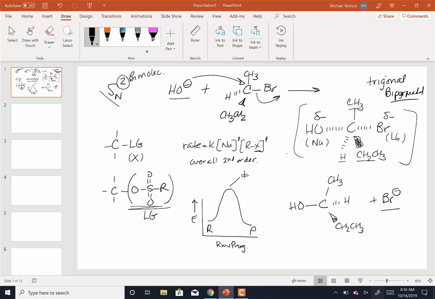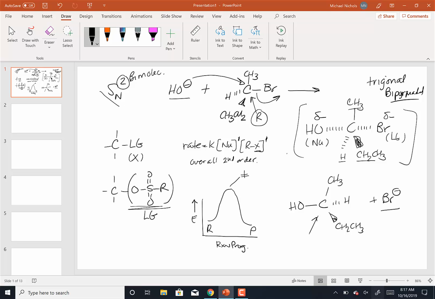So that's the mechanism, including some other stuff. In terms of the mechanism, if I give you a reaction to do and I show the bold and dashed wedges, what's the configuration of that chiral center going to be? R. I set it up so hydrogen is behind you, bromine number 1, ethyl number 2, methyl number 3. So that molecule started in the R configuration.